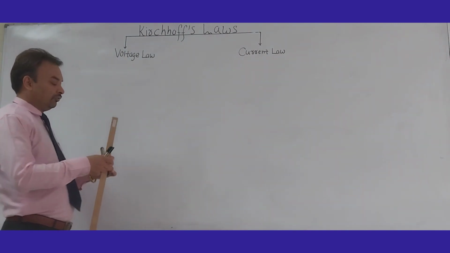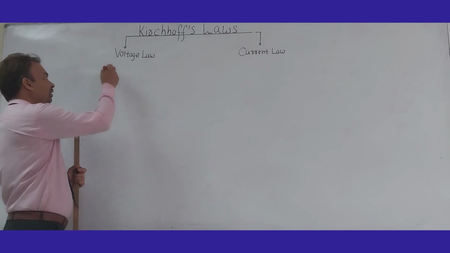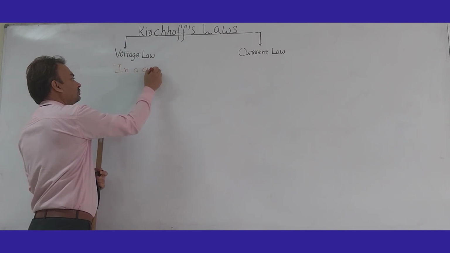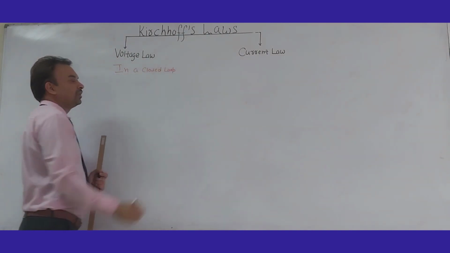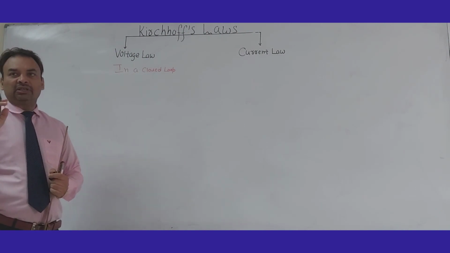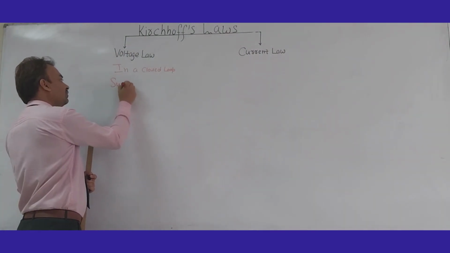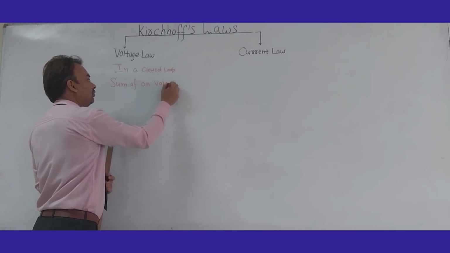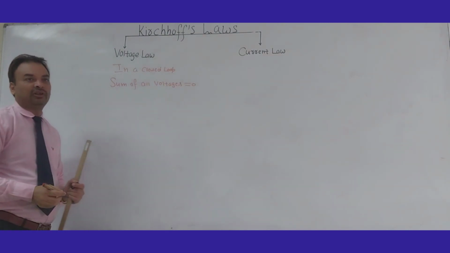Kirchhoff's voltage law says that in a closed loop, the sum of all the voltages across all the branches should equal 0.